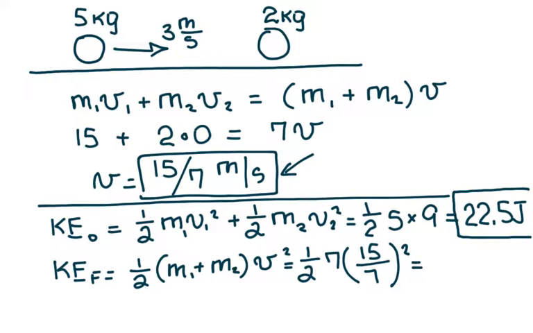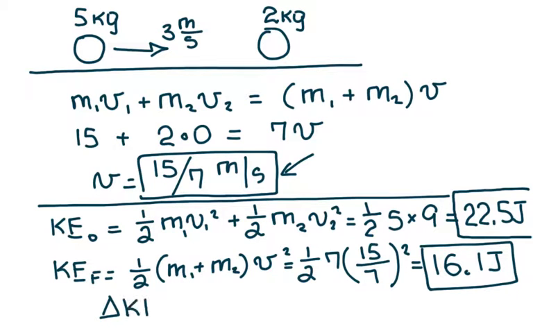And that will give me 16.1 joules. And if you subtract one from another, the change of the kinetic energy, before and after, is equal to 6.43. I rounded there a little bit, so 6.4 joules.